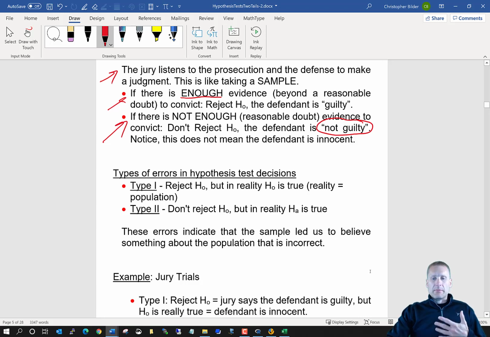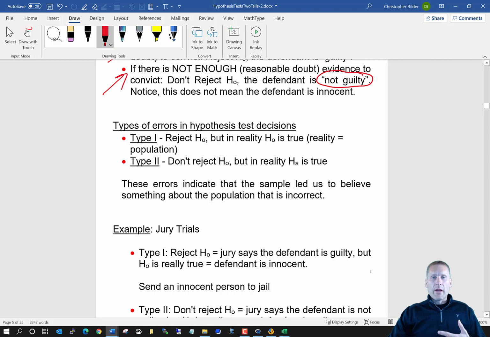So, now, whenever we're making a decision regarding reject H0 or don't reject H0 based upon our sample, we could make a wrong decision in the end. Meaning, in reality in the population, maybe we reject H0, but in reality H0 was really true.